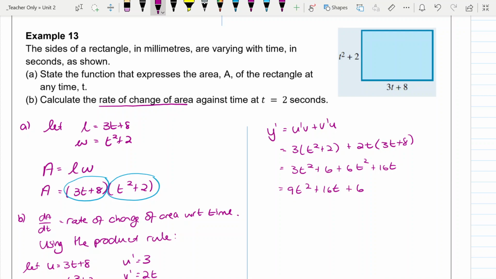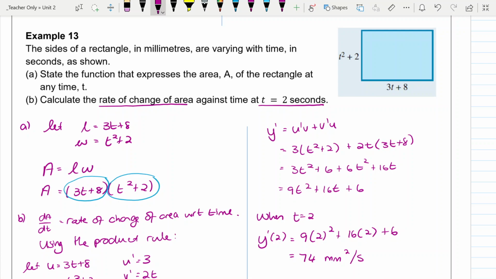Okay, so I've got my gradient function, or my rate of change function, but it's asking me when t equals 2 seconds, what is the rate of change of area? So I actually need to then substitute t equals 2 into that. When t equals 2, my derivative is going to be 9 times 2 squared plus 16 times 2 plus 6, and that gives me 74 square millimeters per second.